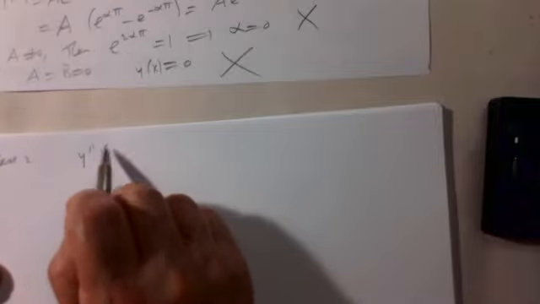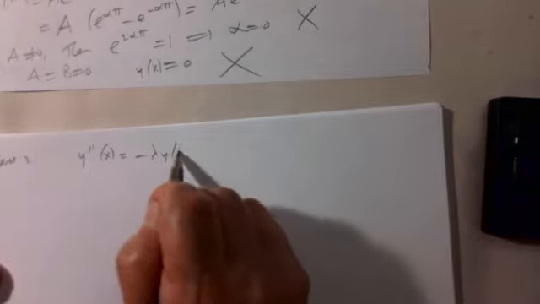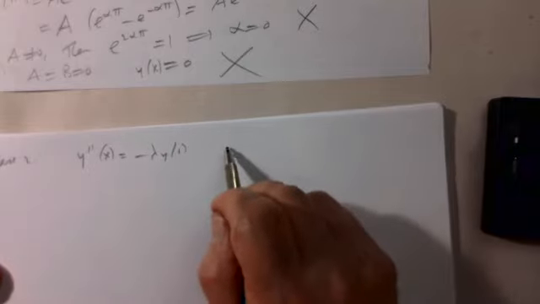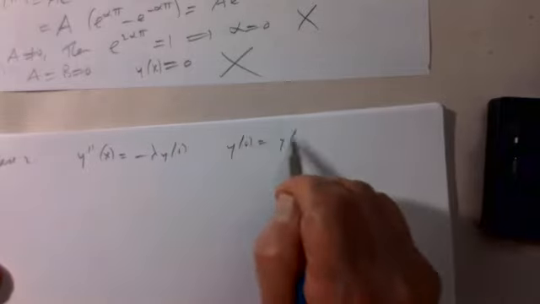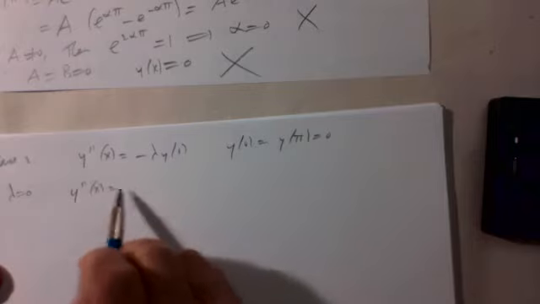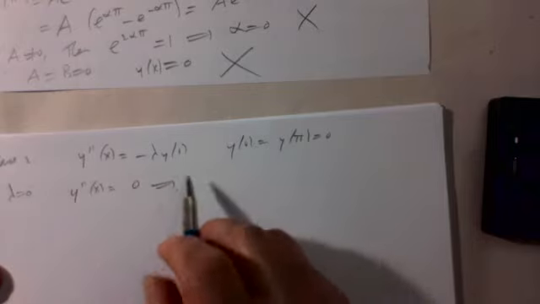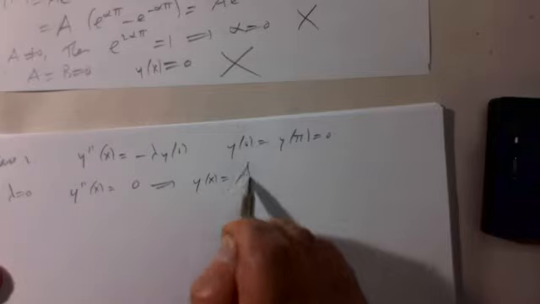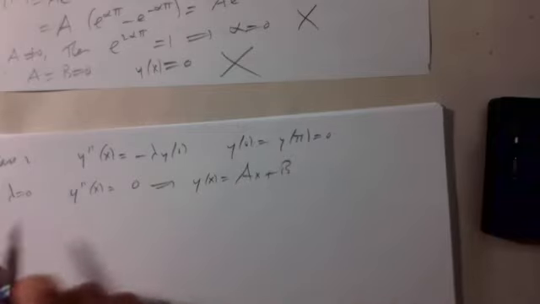Case 2, when you have y double prime of x is minus lambda y of x, and y of 0 equals y of pi is equal to 0. Suppose lambda is 0. Then y double prime of x is 0, which means y of x is a linear function.